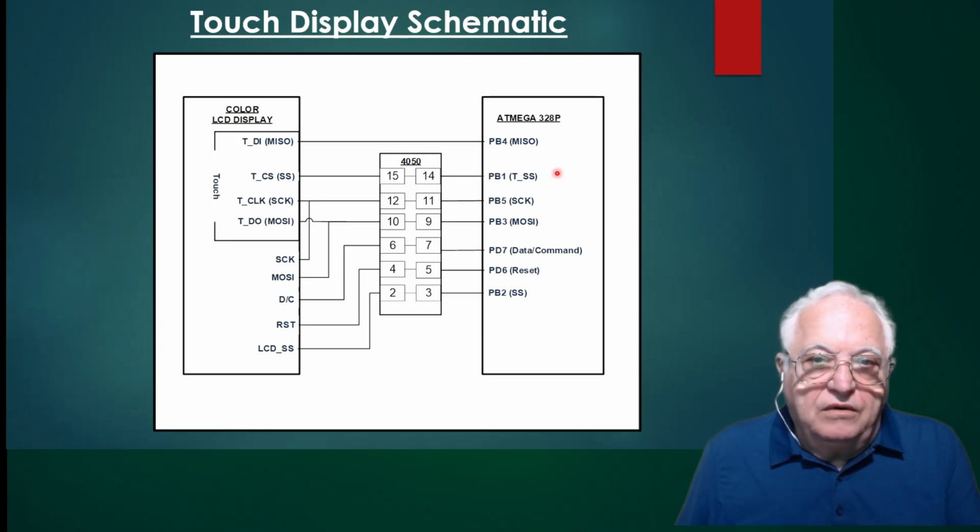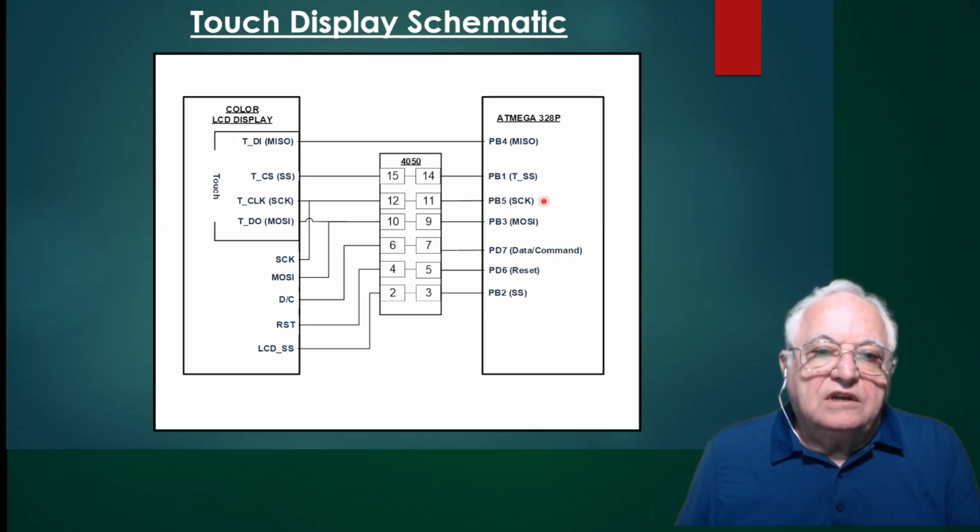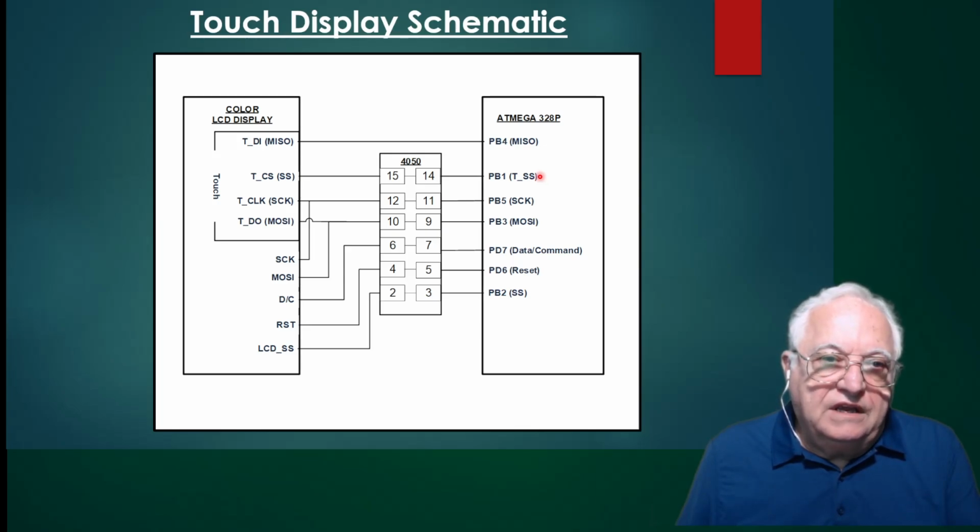So on the ATmega, you're going to have chip select for the display, the reset, data command, MOSI, clock. Then you have another chip select for the touch screen and your MISO. So important, we have 2 chip selects, and we need to handle them very well. Either one is down, you have to have only one at a time.